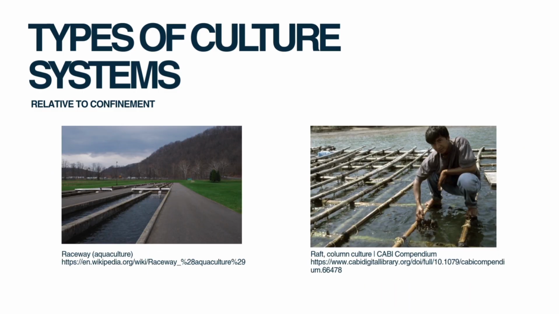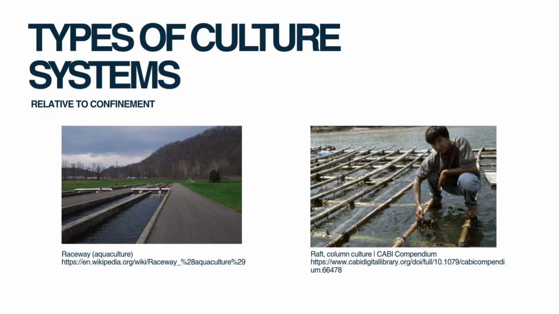So here we have the example of a raceway culture. As you can see, the raceway system has flow-through systems where the water continuously flows. So, this is very ideal for intensive production.